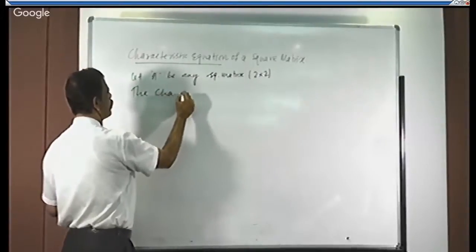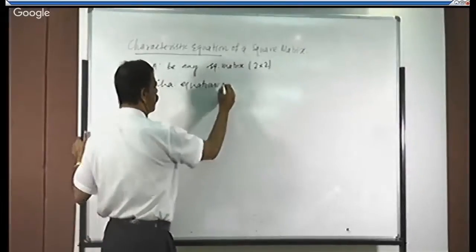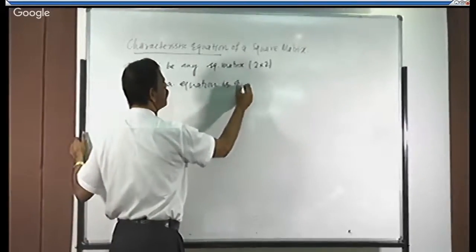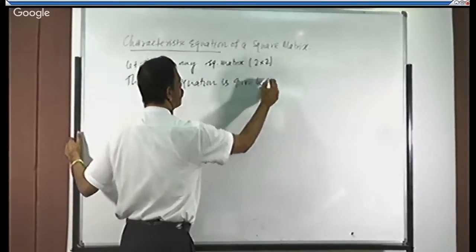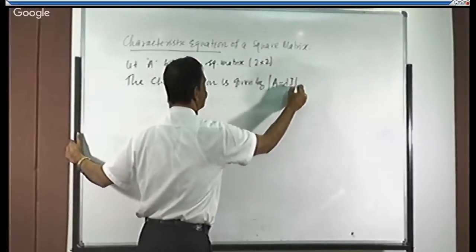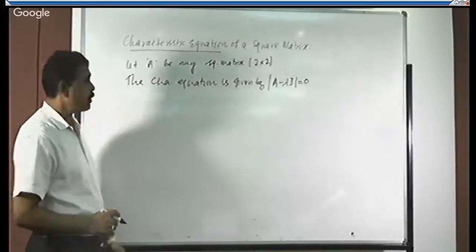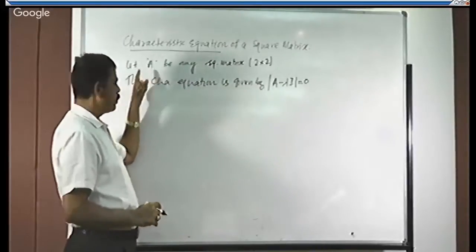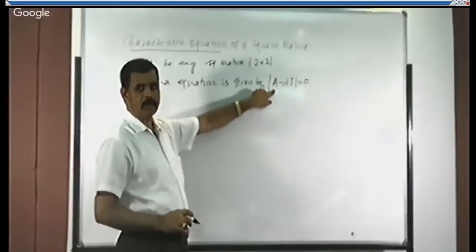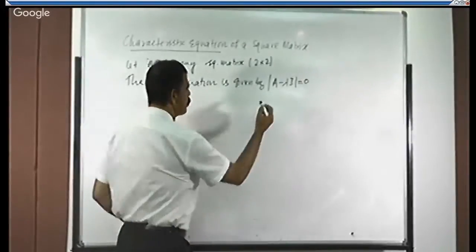The characteristic equation of any square matrix is given by determinant of A minus lambda I is equal to 0. What is A?